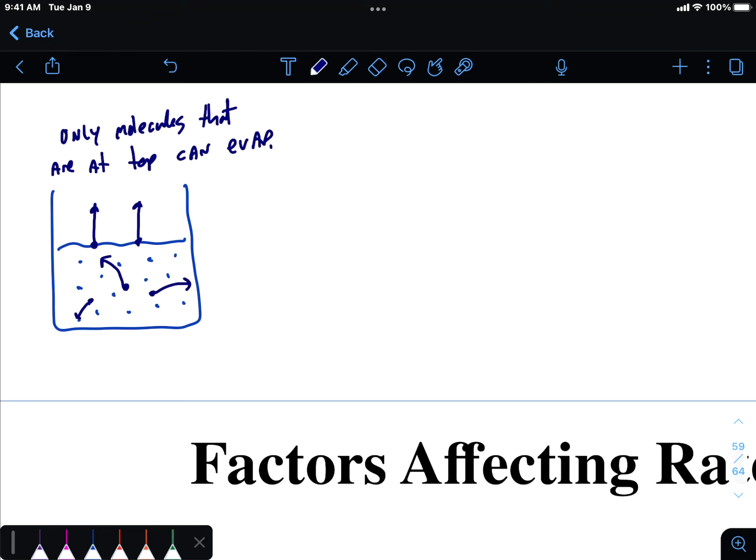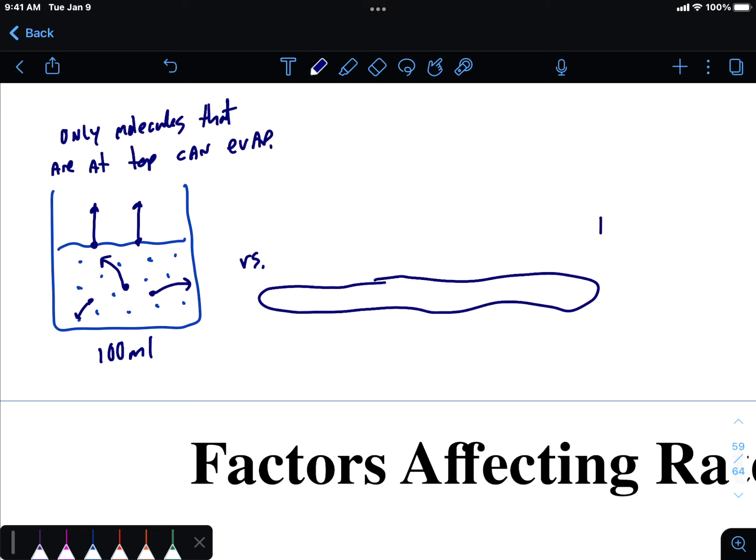Now let's compare that. Let's say that this is 100 milliliters of water. But let's compare that with a spill. Somebody knocks over their beaker. It all spills out. It's the same amount of liquid. There's 100 milliliters here.